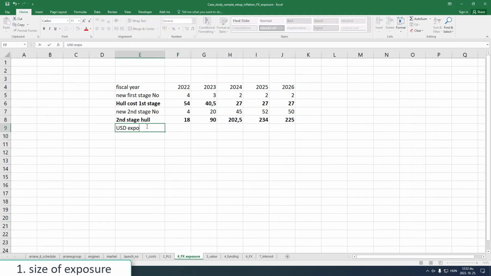And now USD exposure is this number, and that number, for these years.